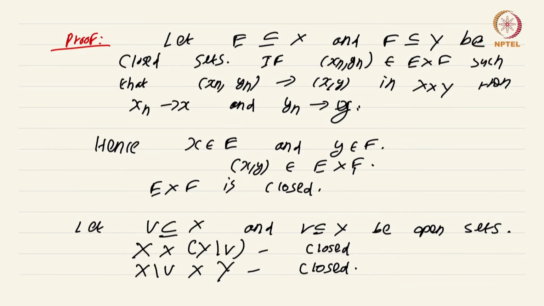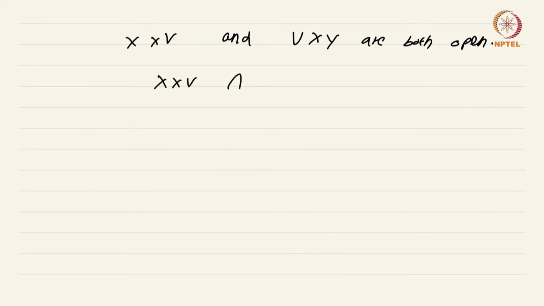That means the complements of these two sets must be open, right? What are the complements of X cross (Y set minus V) and (X minus U) cross Y? Well, they are nothing but X cross V and U cross Y, both open, taking complements. That means the intersection X cross V intersect U cross Y, which is nothing but U cross V, is open.